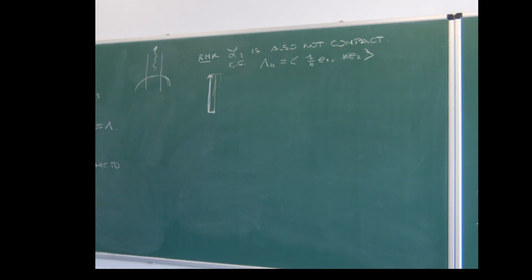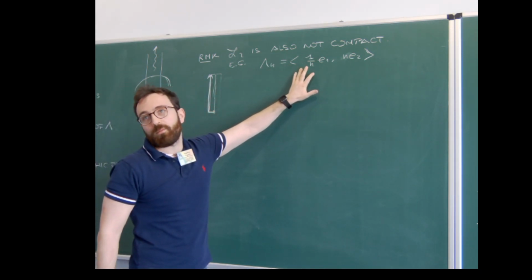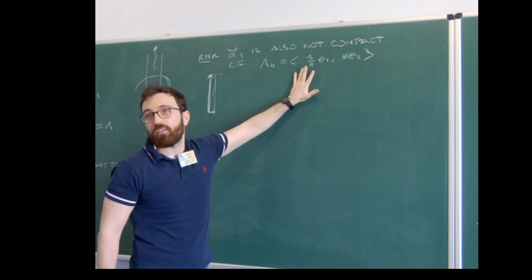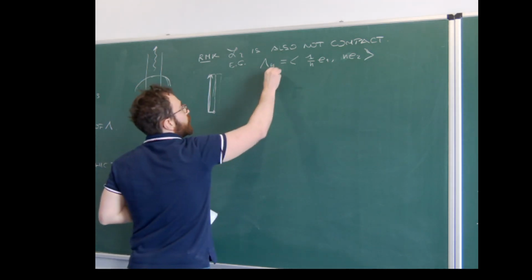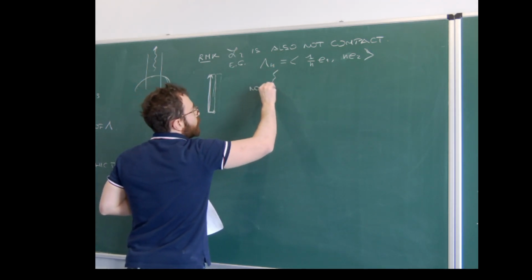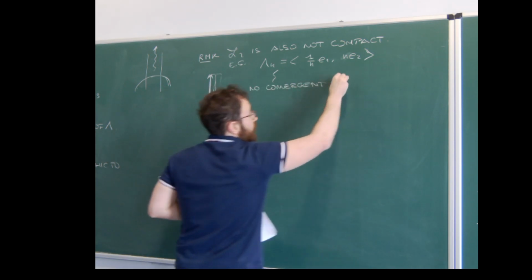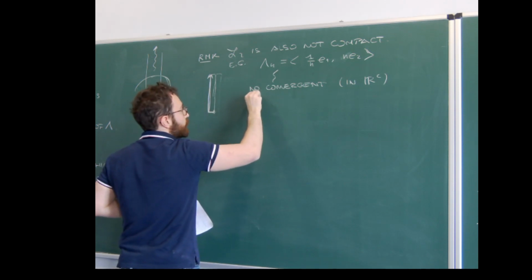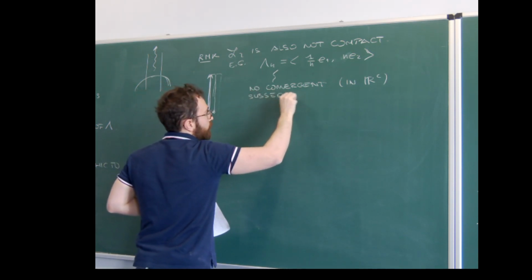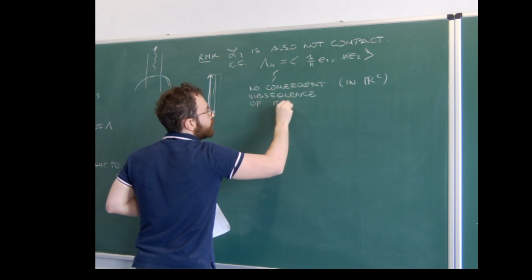The area of this rectangle is 1, right? But you can extract no convergent subsequence from this sequence of bases in R2.